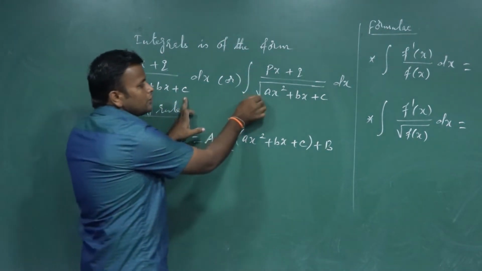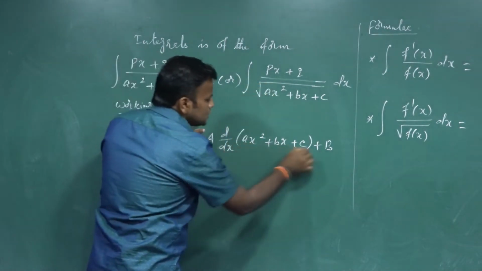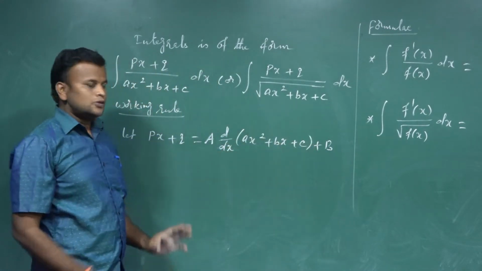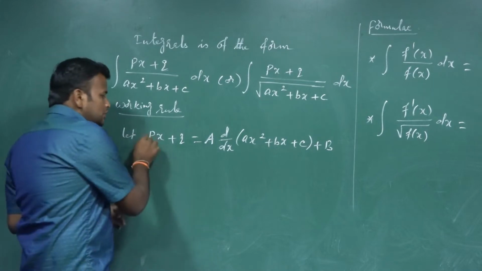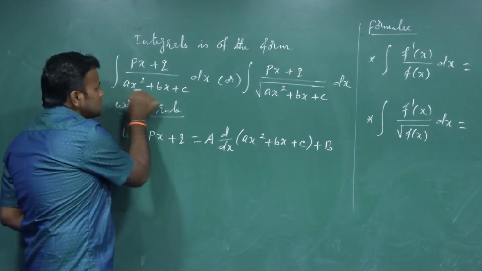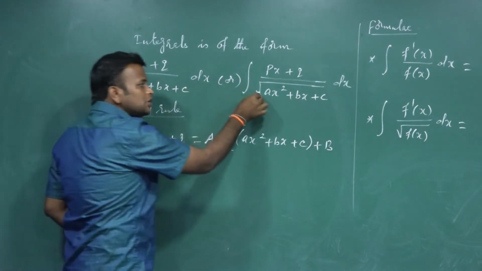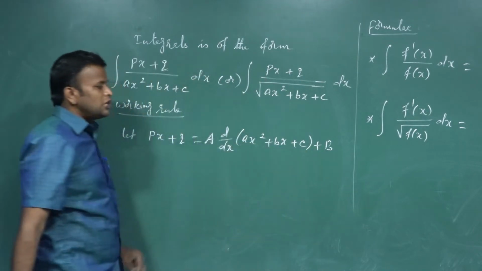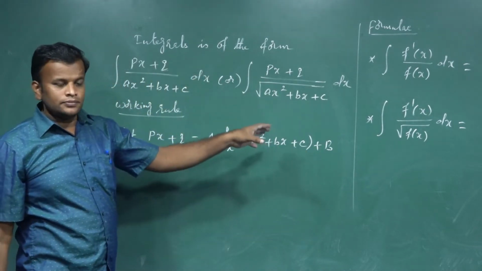If the square root is given, we leave the square root and write just the factor ax square plus bx plus c, plus b. So it is the first working rule: numerator is equal to a of d by dx of this denominator plus b.